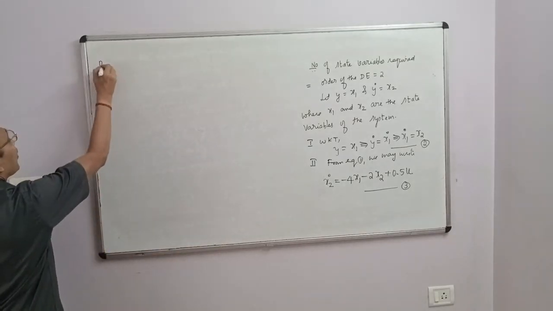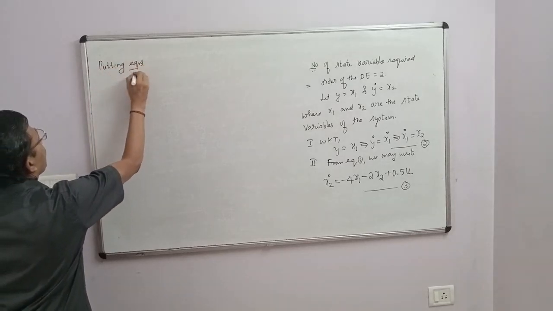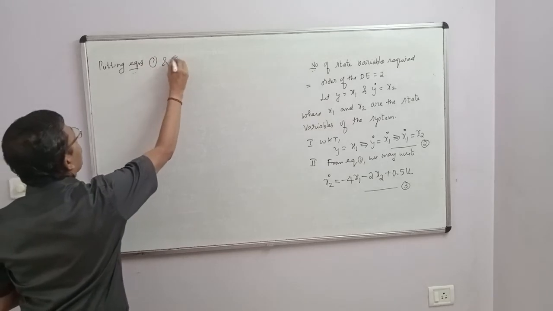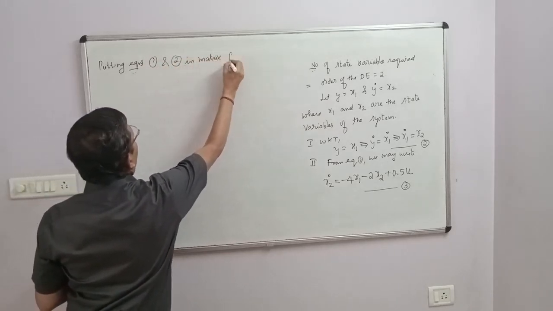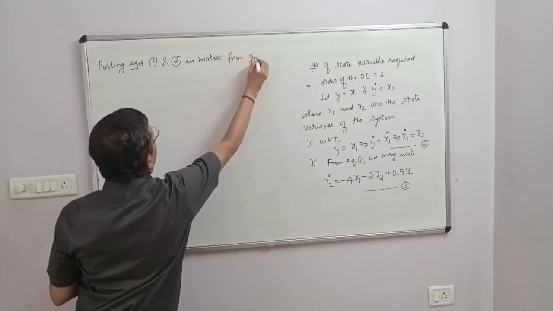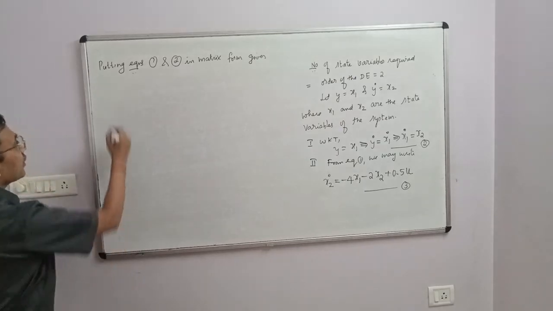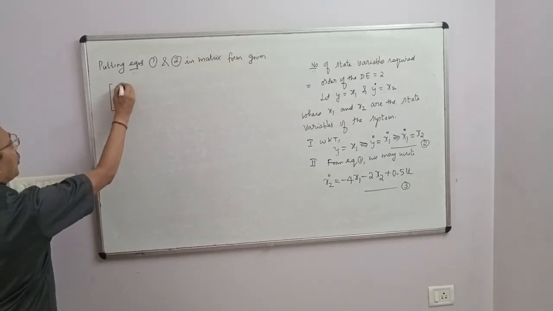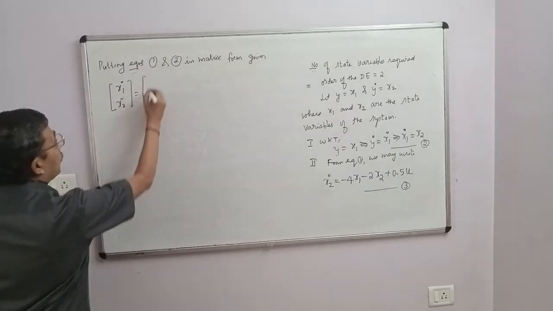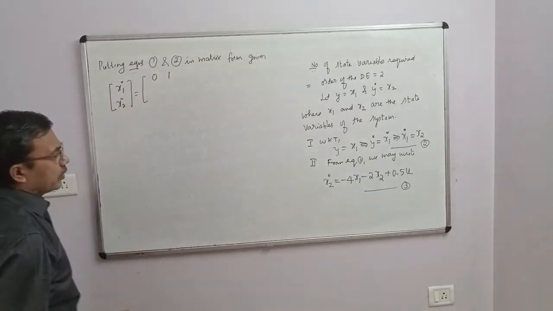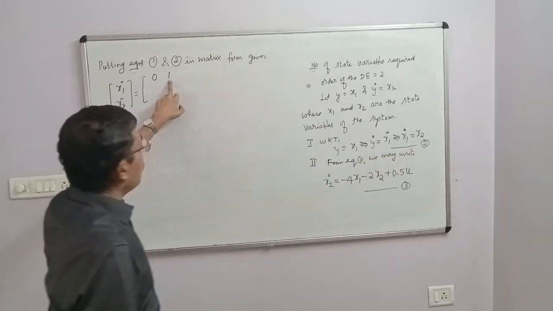Putting equations 2 and 3 in matrix form gives column matrix x1 dot, x2 dot is equal to 0 1, because equation 2 contains only x2, so the coefficient of x2 is 1.